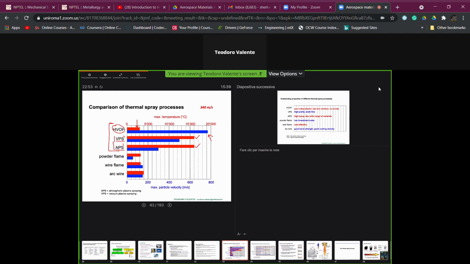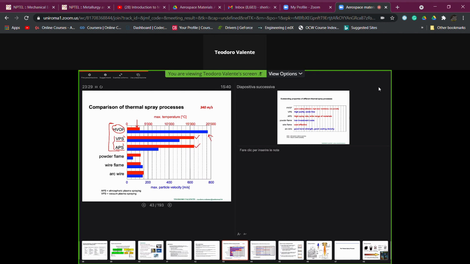But to fabricate the MCrAlY bond coat, we use the HVOF, because the maximum temperature reached by the HVOF is suitable to melt the metallic alloys, and we take advantage of the very high particle velocity, which gives us a very dense coating.